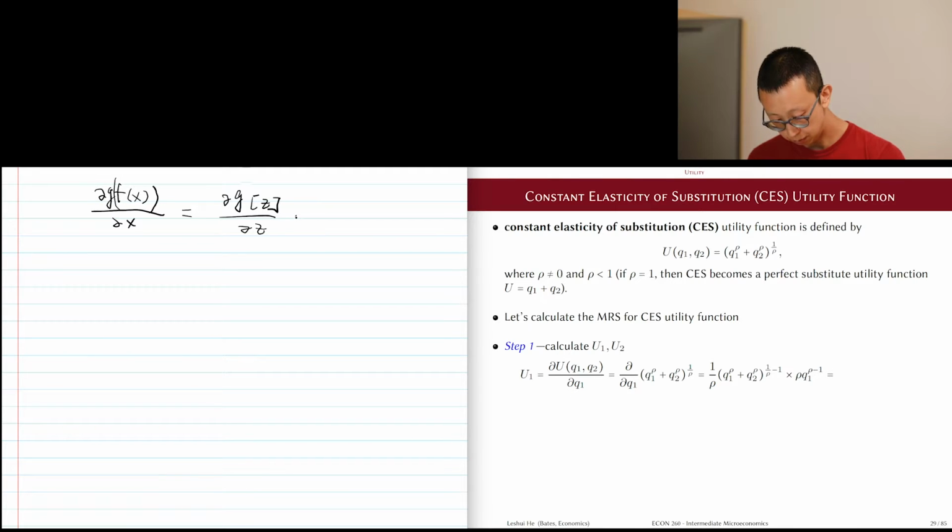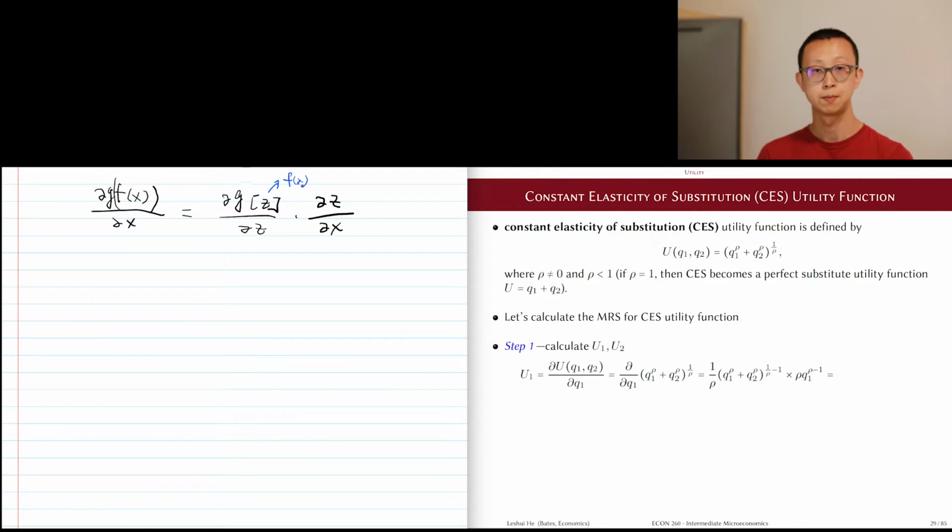Then we multiply that by the derivative of the inside function with respect to x. In this case, we're using z as a placeholder for the function f of x, so we're going to take the derivative of f of x with respect to x.